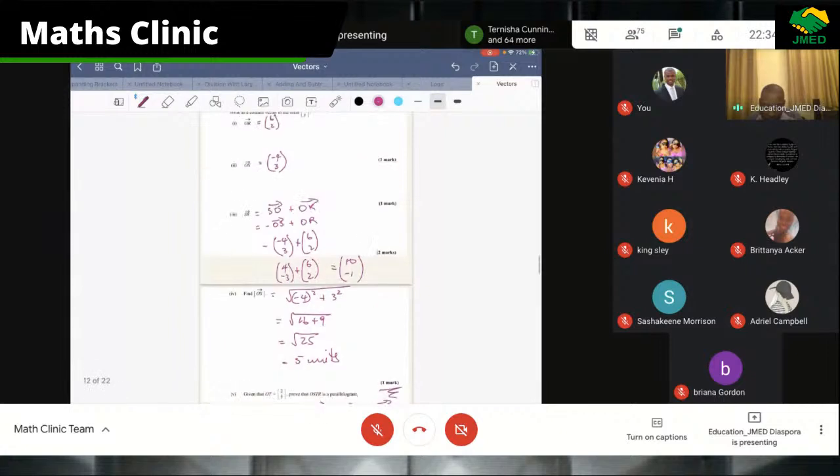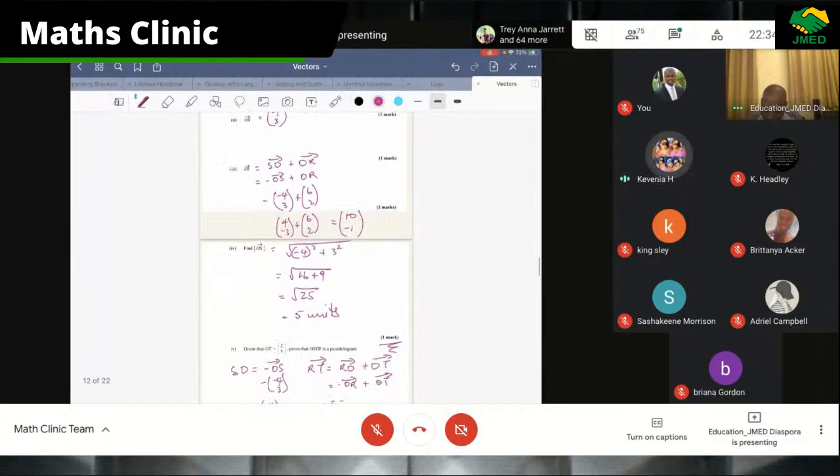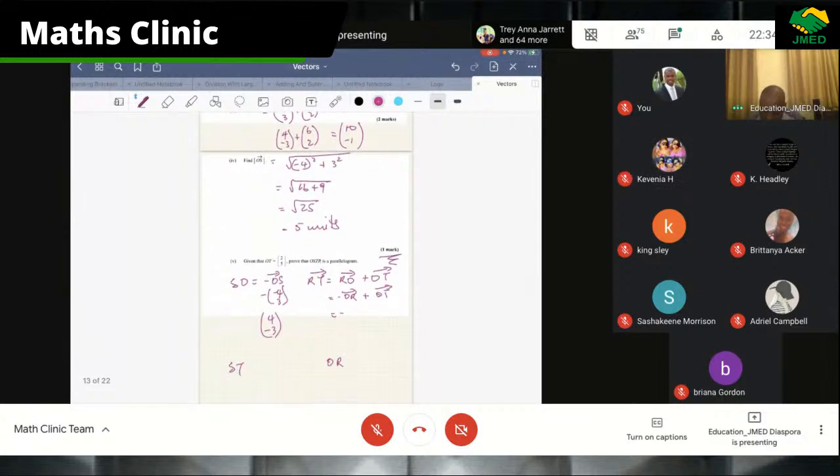OR is 6,2, right? Negative of 6,2, and OT they say is 2,5. So that would work out to be -6 plus 2 is -4, and -2 plus 5 is 3.